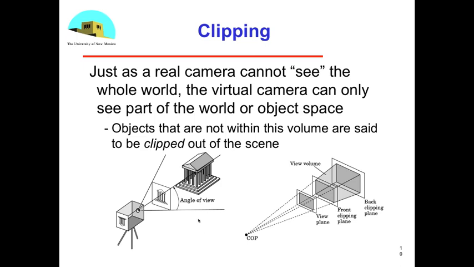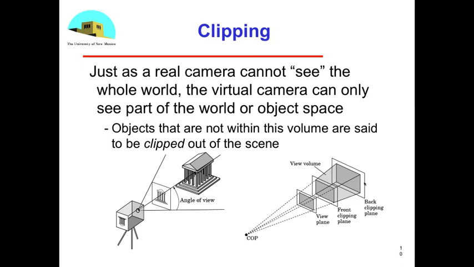One thing that's a little different from viewing in the real world is that in computer graphics we can call these things the top and the bottom clipping planes, if it's a rectangle, or a parallelepiped if it's a parallel view. But also what we do in computer graphics is we have a front clipping plane and a back clipping plane.